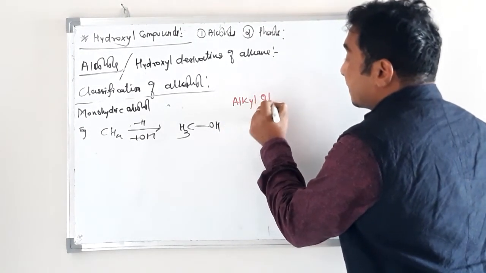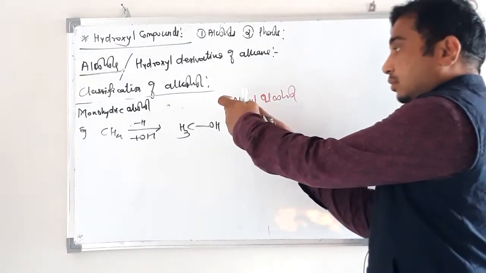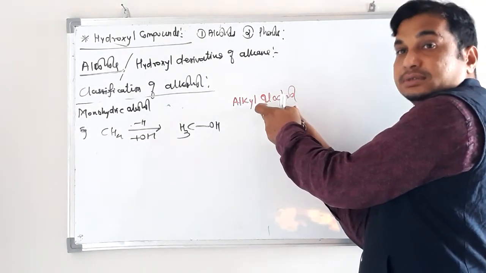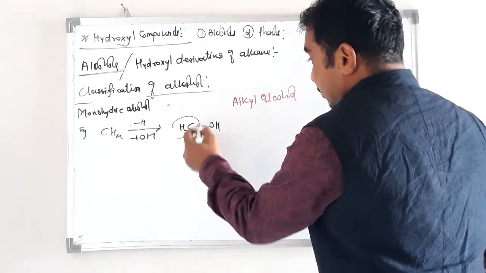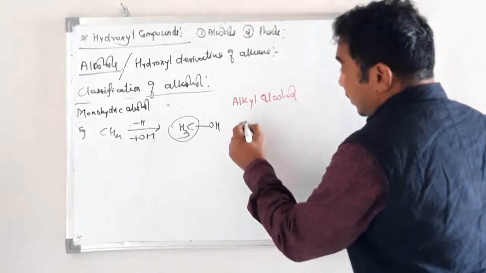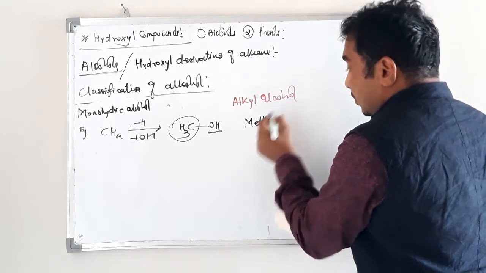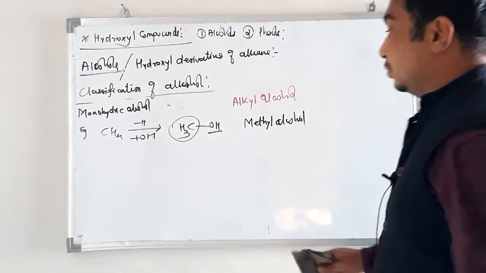Alkyl alcohol means we have to identify the alkyl group and attach the suffix alcohol. So what is the name of the alkyl group here? Methyl. So methyl followed by the word alcohol.